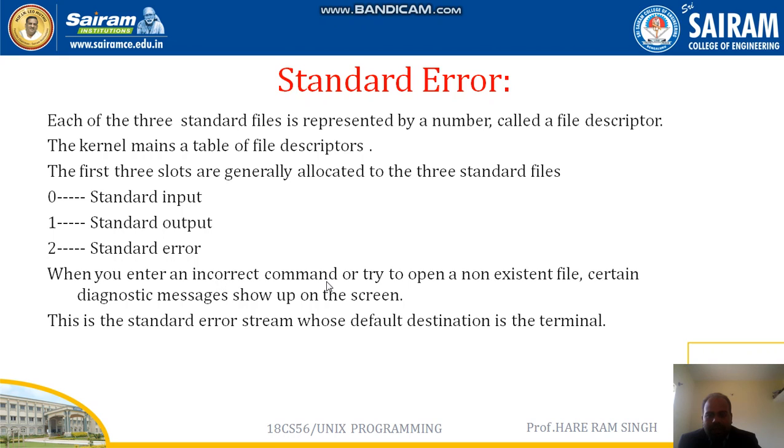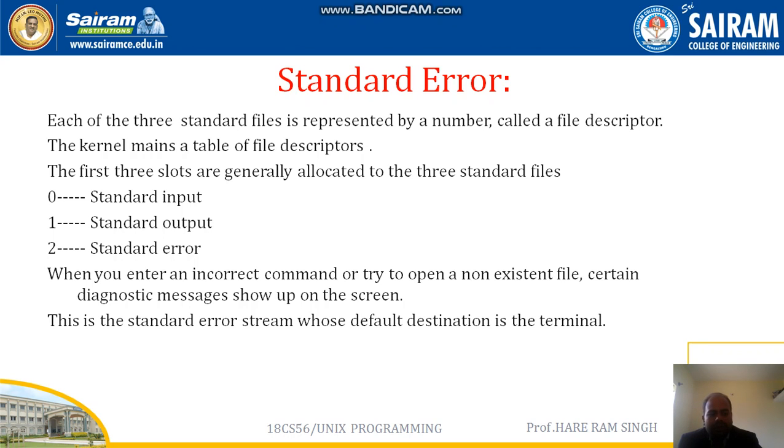When you enter an incorrect command or try to open a non-existing file, certain diagnostic messages show up on the screen. Suppose you have typed an incorrect command, then an error message will be displayed on the screen.